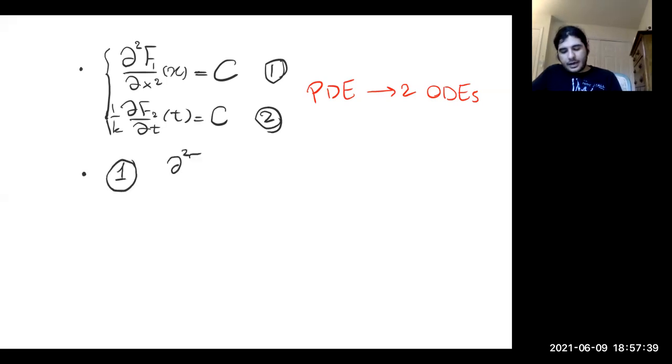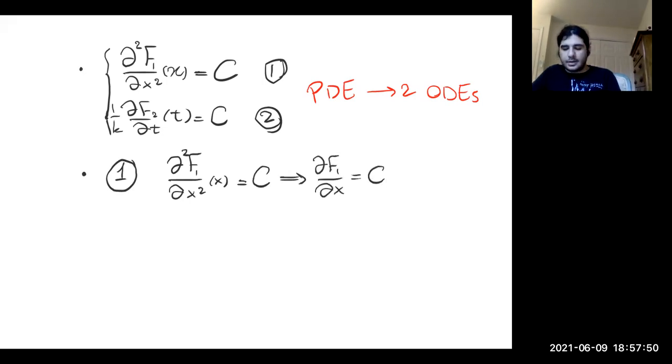The second derivative of f with respect to x is equal to this constant c. Therefore, the derivative of f with respect to x is equal to c times x. Therefore, f itself, it's a function of x, right? f itself is equal to cx squared over 2 plus another constant.